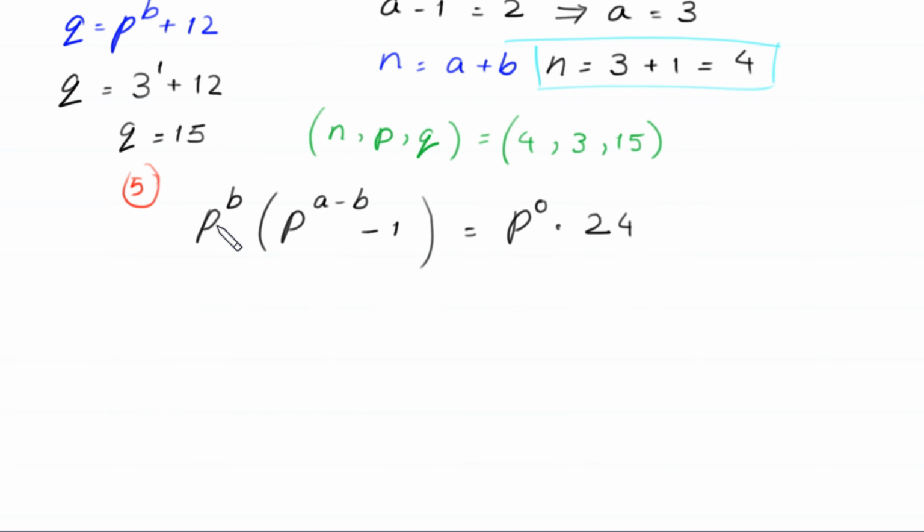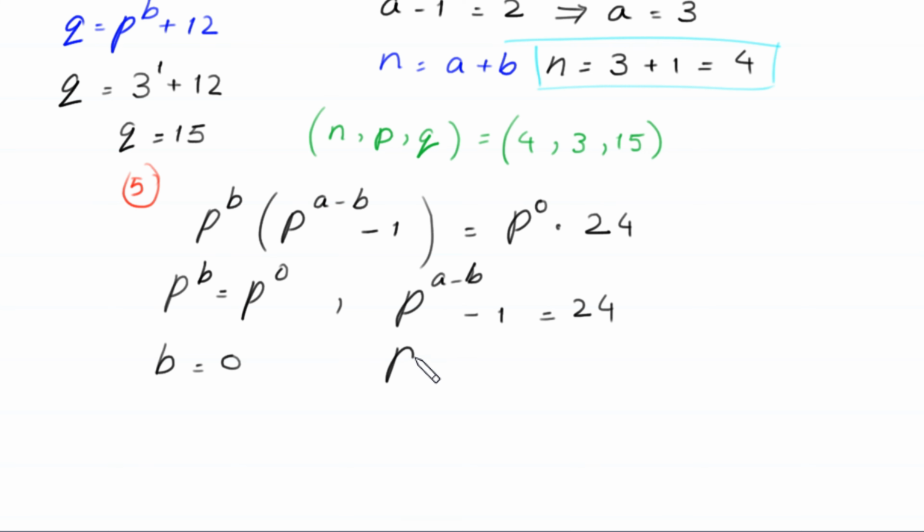We write this p to the power b equal to this p to the power 0. We write this p to the power a minus b minus 1 equal to this 24. From this equation, b is equal to 0. Now we replace this b with this 0, then this equation will become p to the power a minus 0 minus 1 is equal to 24.